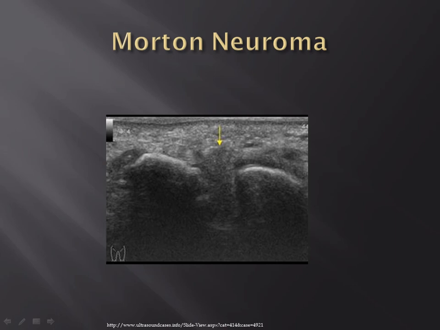If you've seen these on MRI, you're looking at your short axis T1 sequence, you see effacement of that normal intermetatarsal fat and a fairly characteristic teardrop-like shape. This is the ultrasound equivalent, showing this effacement of the fat with a somewhat intermediate echo texture structure, but certainly not homogeneously hypo or anechoic.